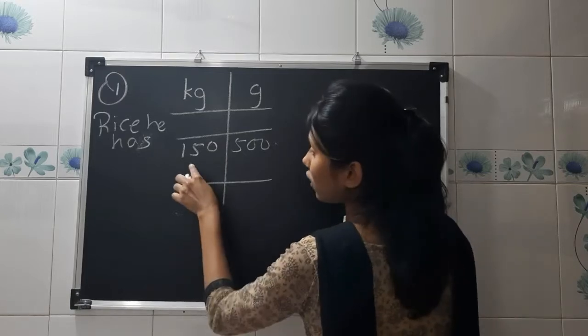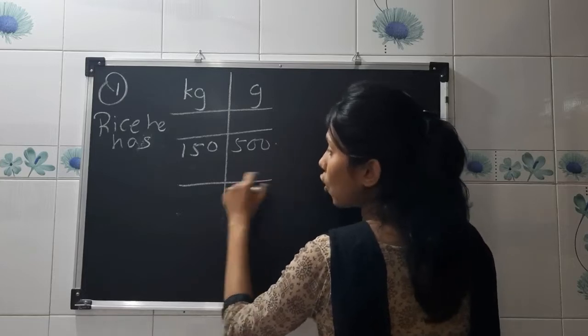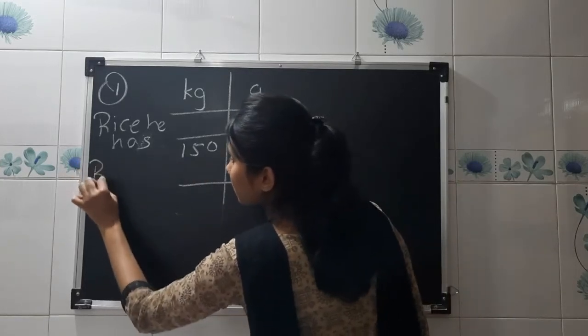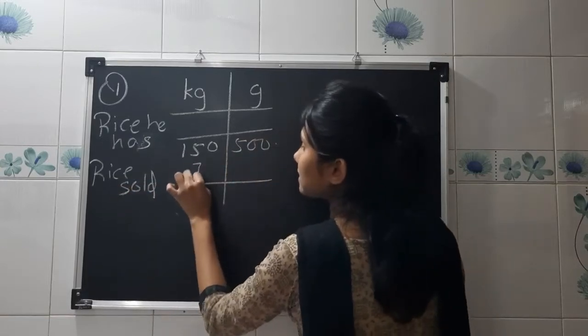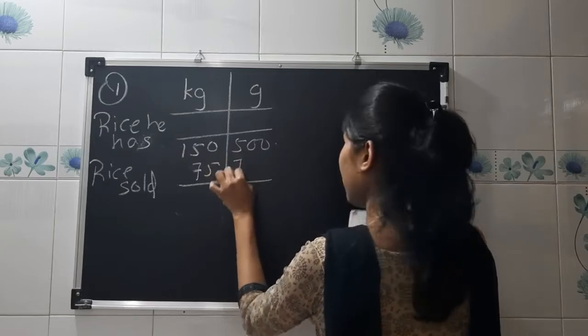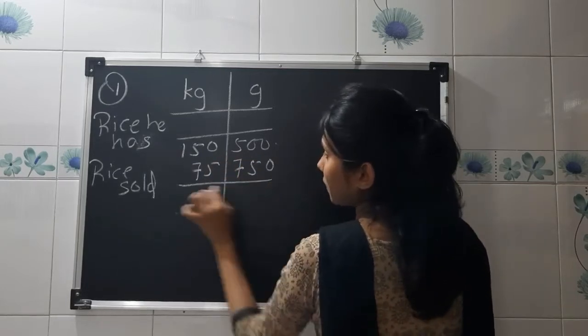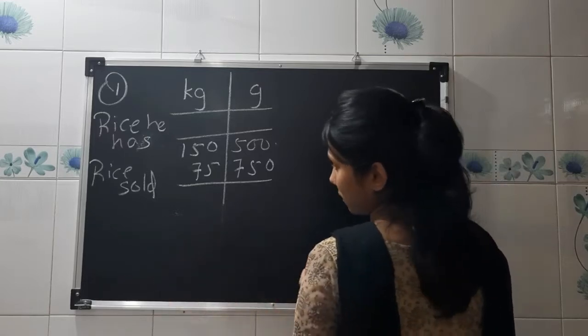Then out of this 150 kg 500 grams of rice, he sold 75 kgs and 750 grams. We have to find out how much rice will be left with him.